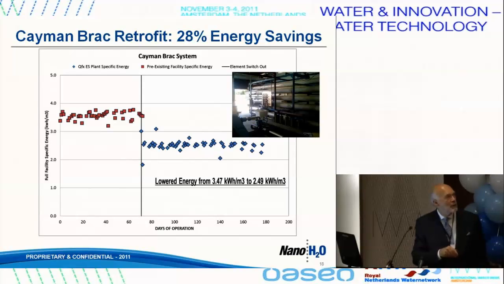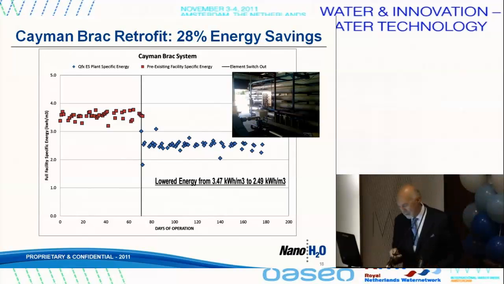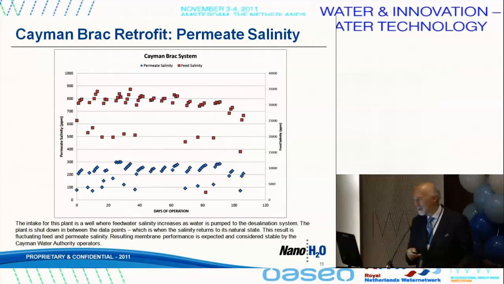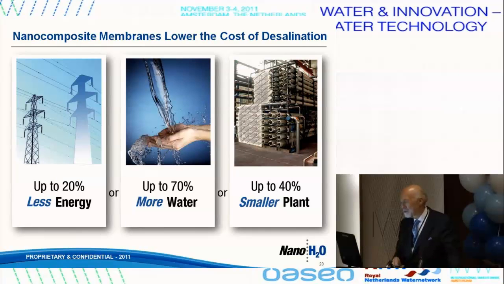But you can see that the nanocomposites made a huge difference. The Cayman Water Authority is very happy with that. We now have about 4 months of data, very stable data. When you look at the up and down here, it has to do with the pumps. I can talk to you about the way it actually has to do with saltwater intrusion and kind of akin to what the first speaker was talking about.